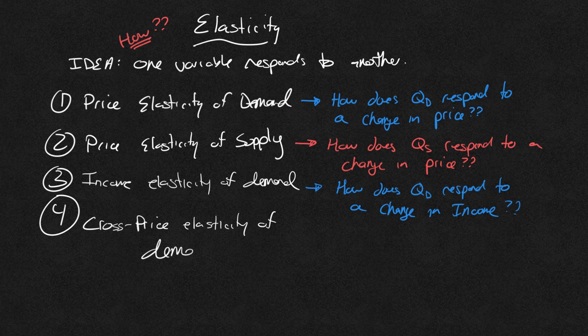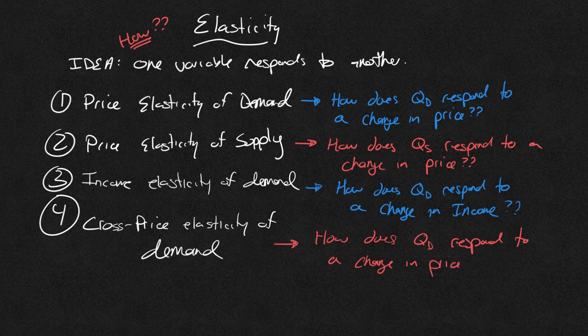So the cross-price elasticity of demand, how does the quantity demanded, you can see this pattern, respond to a change in price of a different product?